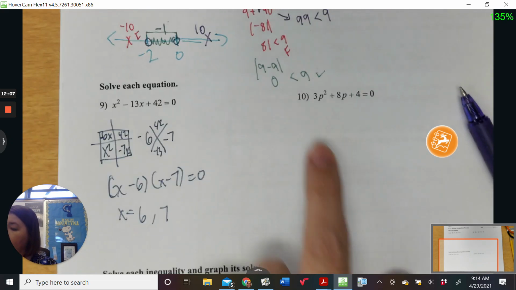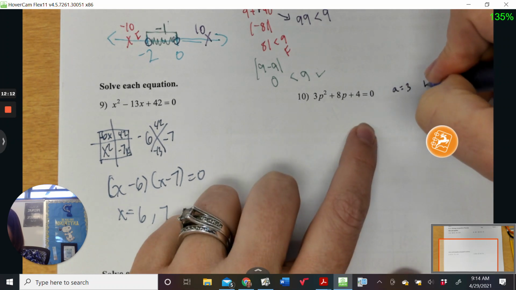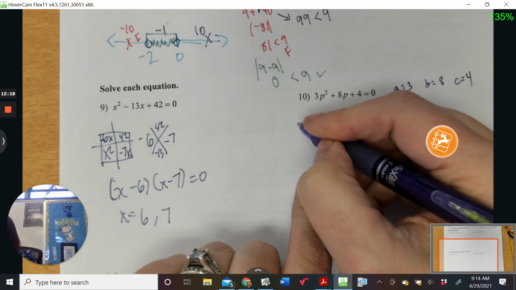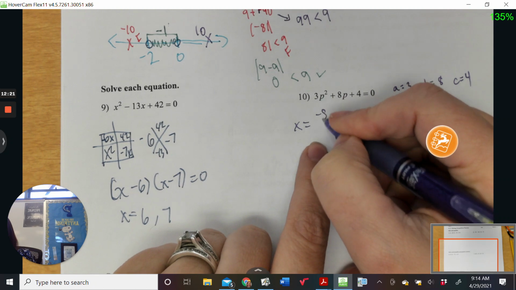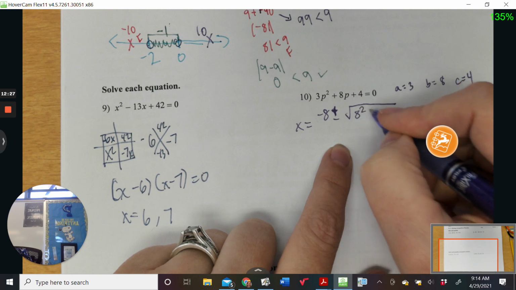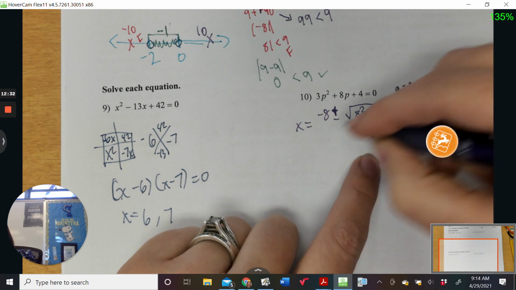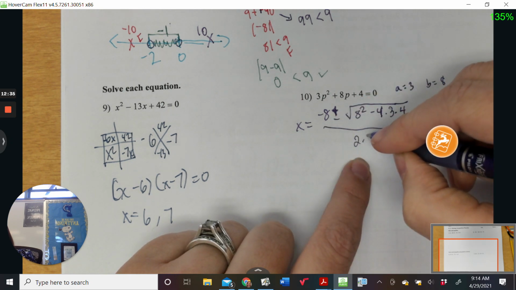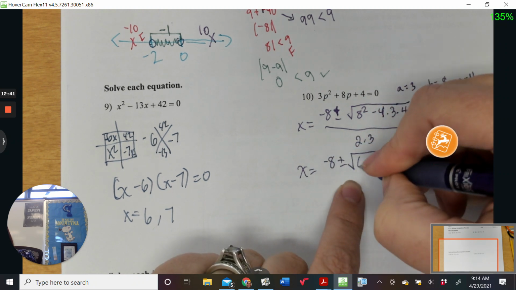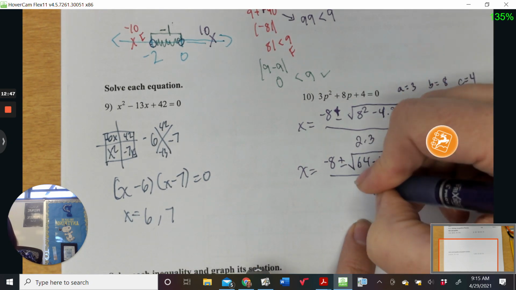Okay. For number 10, we'll use the quadratic formula. A is 3, B is 8, C is 4. X equals -b plus or minus the square root of b squared minus 4 times a times c, all over 2 times a. X equals -8 plus or minus the square root of 64 minus 48 over 6.